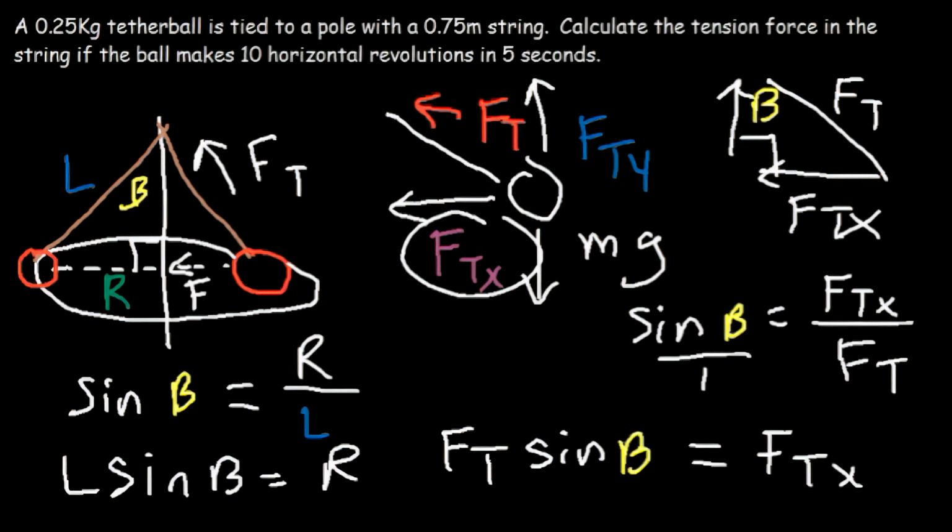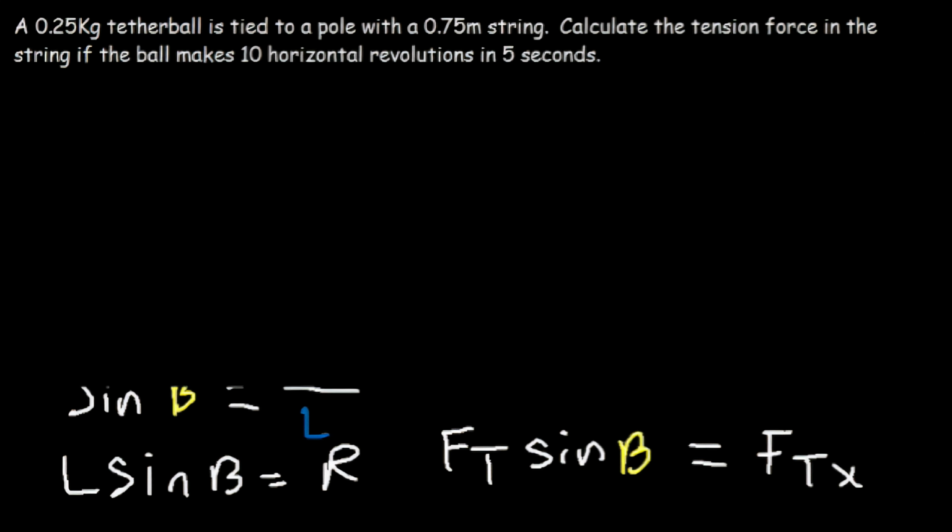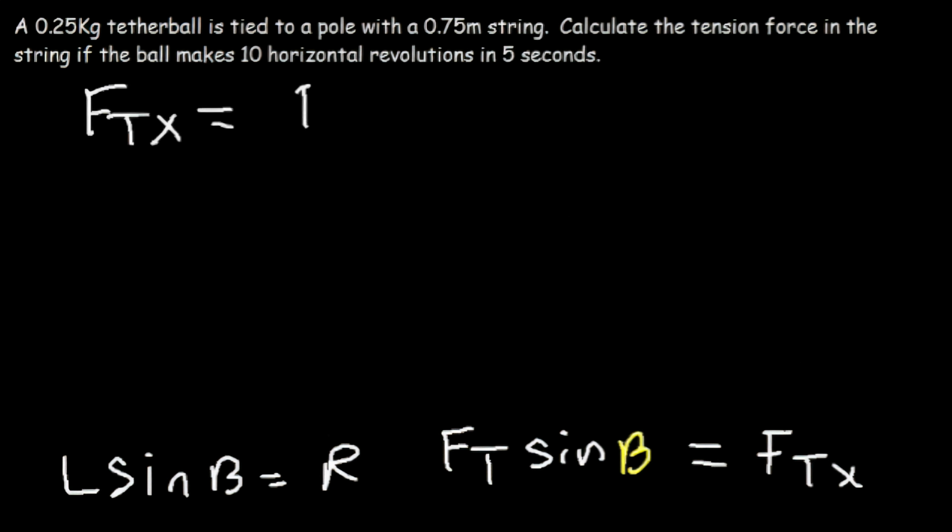So therefore Ftx provides the centripetal force. So we can say Ftx is equal to Fc. And Ftx is equal to the tension force times sine beta.